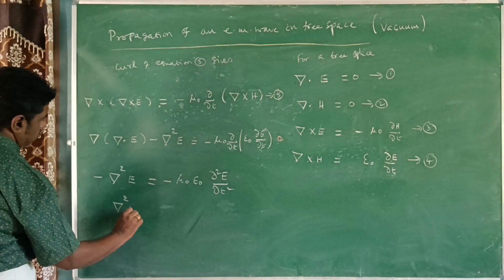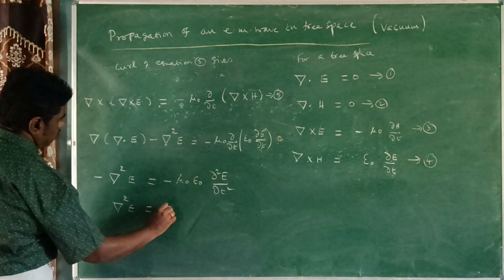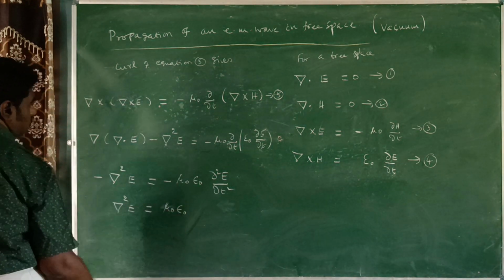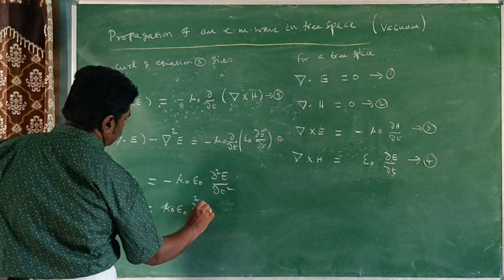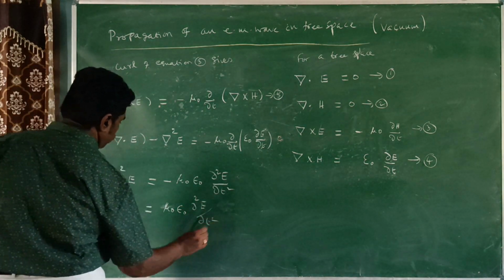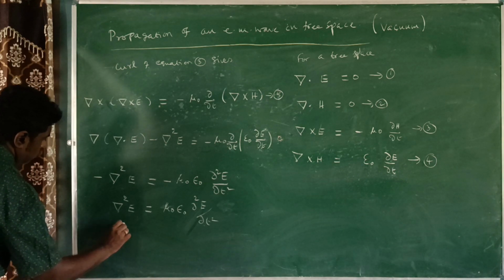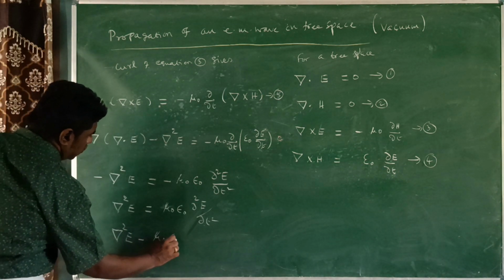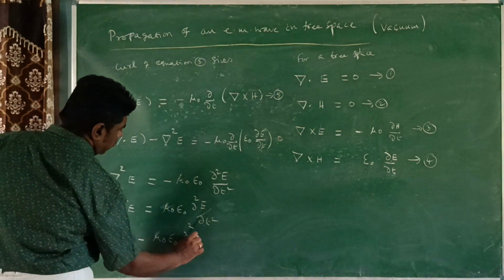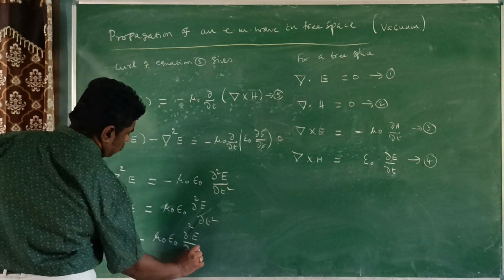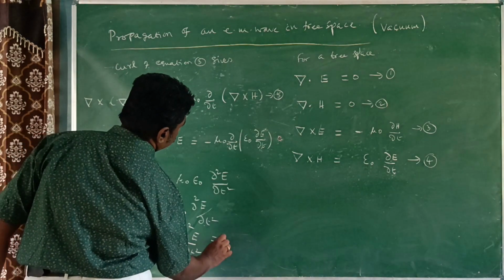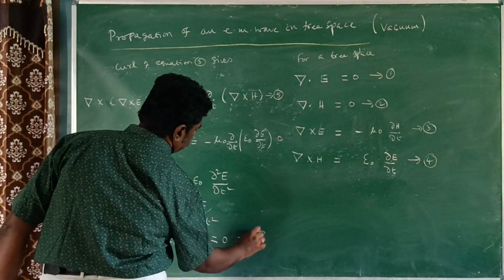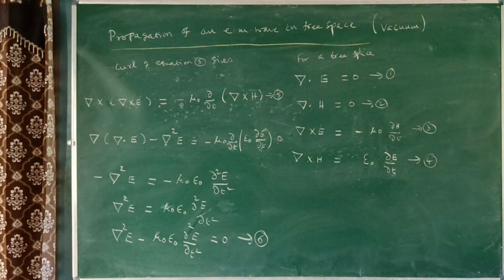Del square E is equal to mu naught epsilon naught dou square E by dou t square. Then del square E minus mu naught epsilon naught dou square E by dou t square is equal to 0. Say this is equation 6.